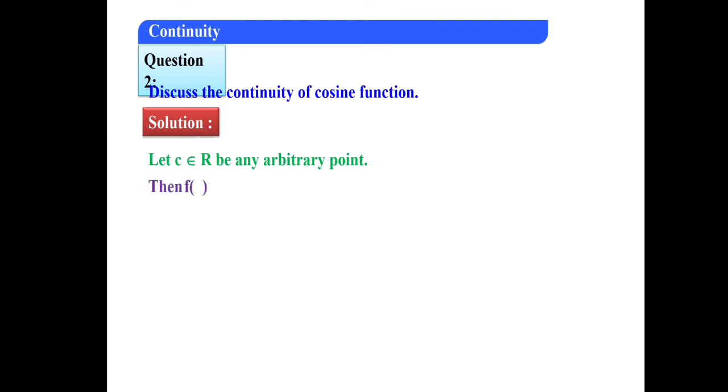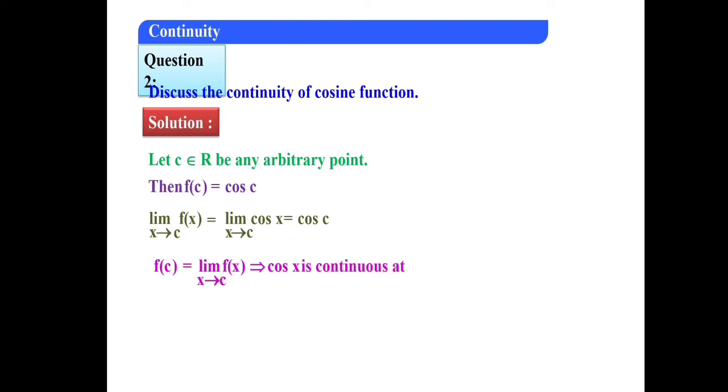Then first find f of c, it is cos c, and then the limit as x tends to c of f of x, which is the limit as x tends to c of cos x, is also cos c. Now both are equal, so f of c is equal to the limit as x tends to c of f of x. This implies cos x is continuous at x equal to c, and c is arbitrary. It follows that cos x is continuous.